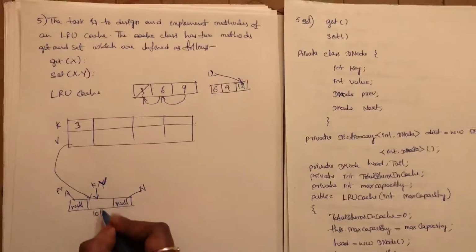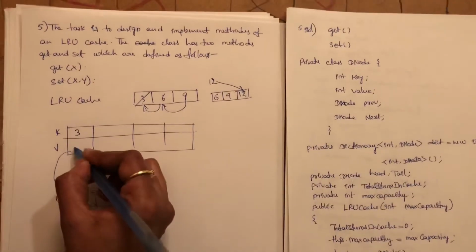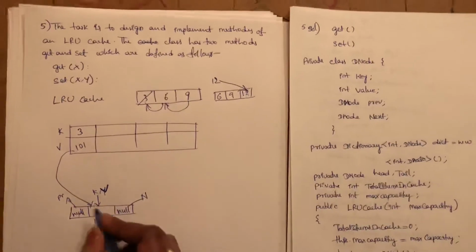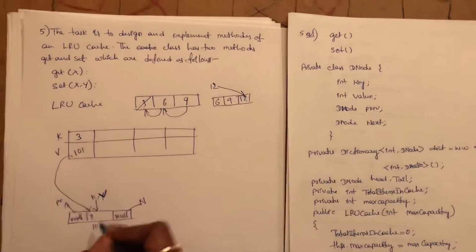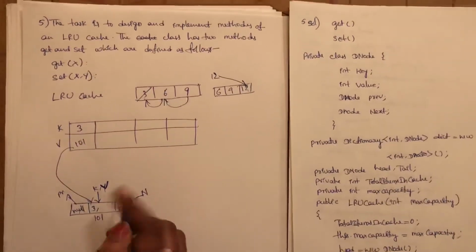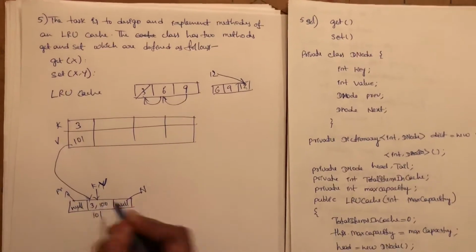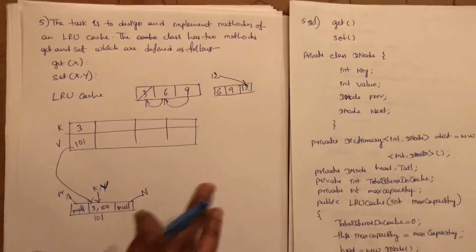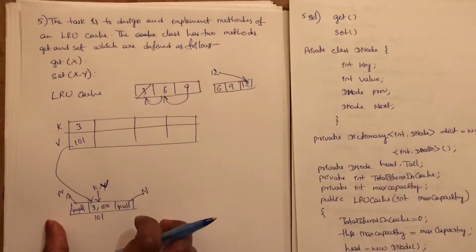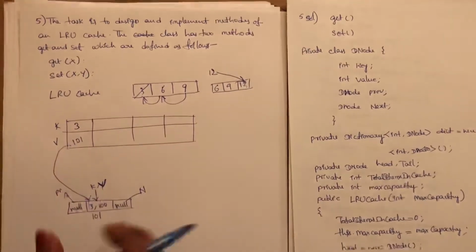The pointer address of this node is stored here as 101. This node has the key and the actual data of the node, let's take 100. This is how it is going to be implemented.